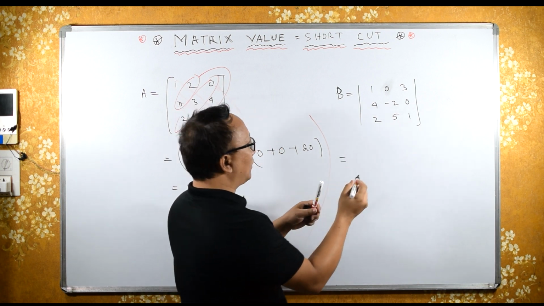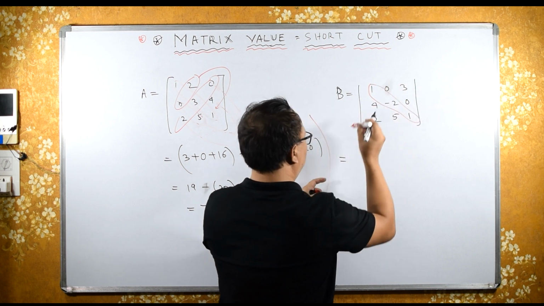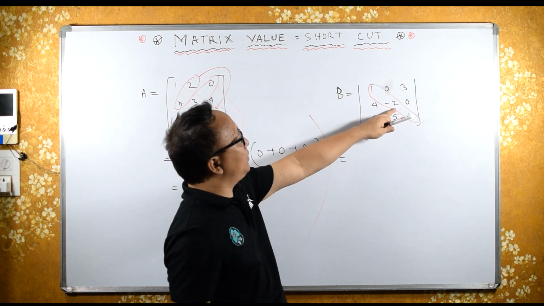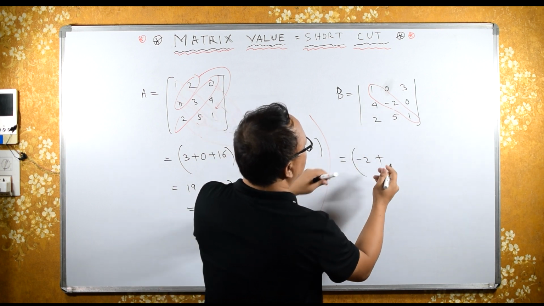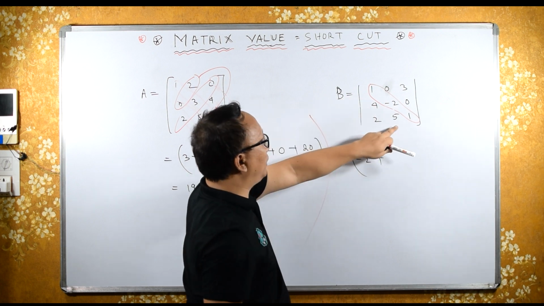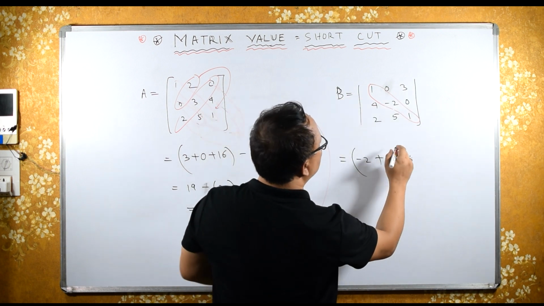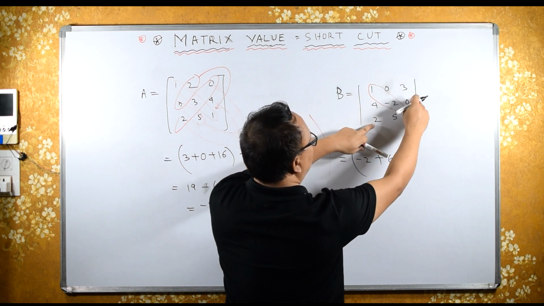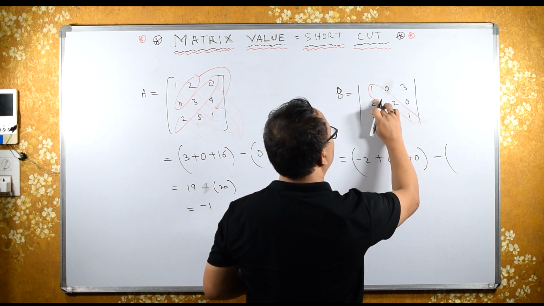Now consider this diagonal. This: minus 2 into 1 is minus 2, plus multiply this, 4 into 5, 20, 20 into 3 is 60, plus remaining, 0 into 2 is 0, minus. After this, remove this.